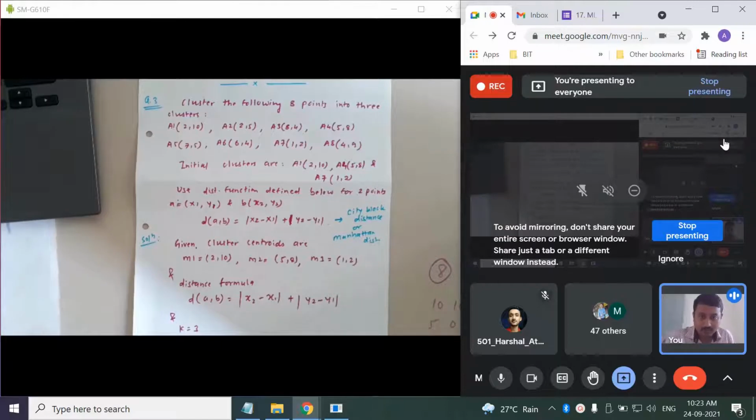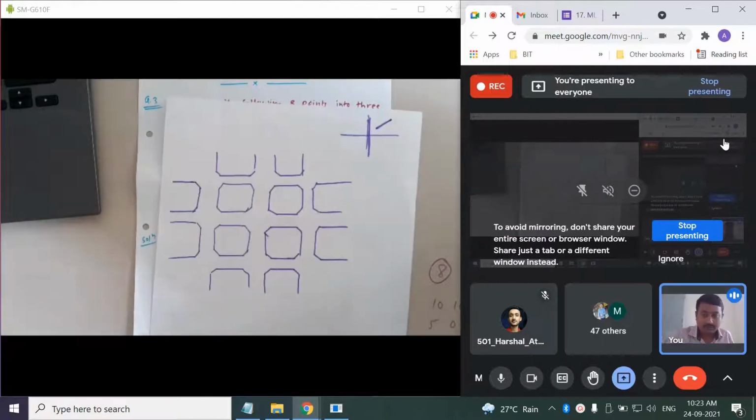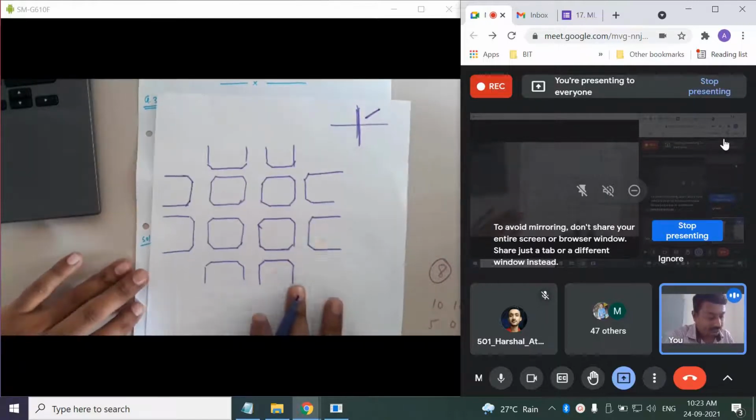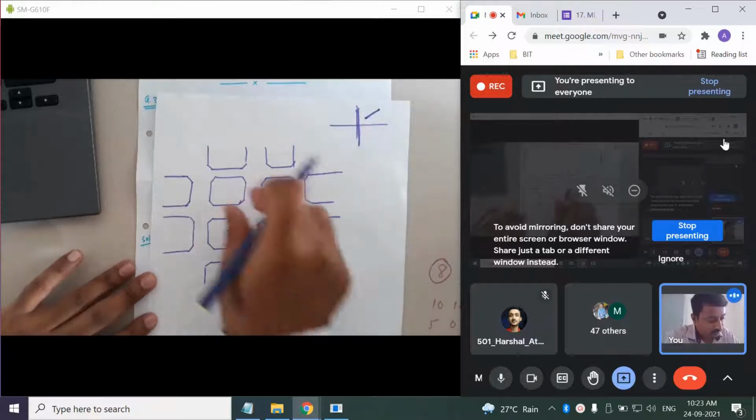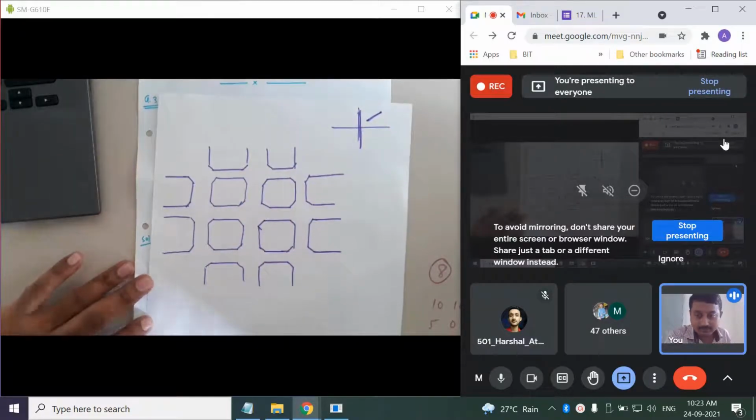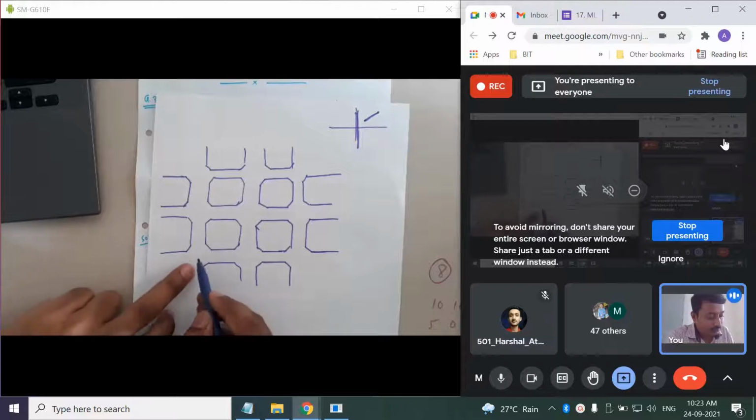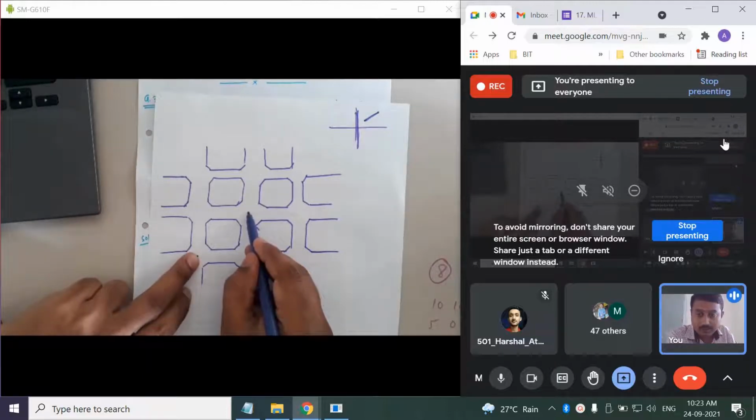Now why is it called city block distance? I have a very nice figure here, and these squares are the city blocks. Suppose I am here and I want to go to this point.